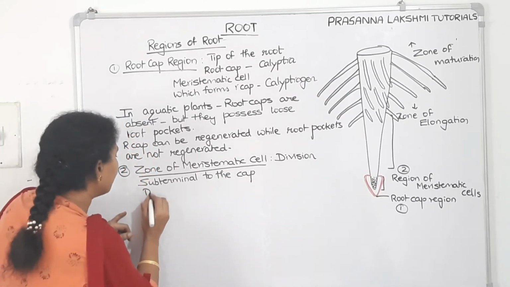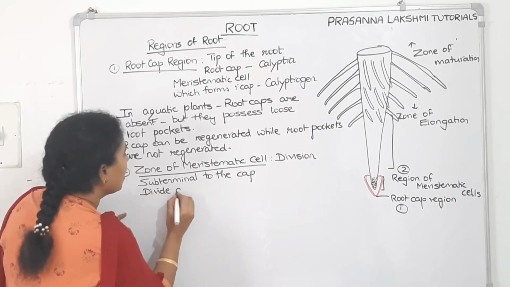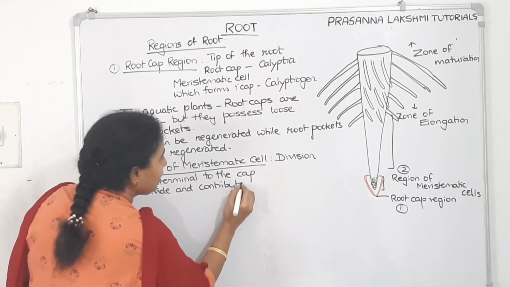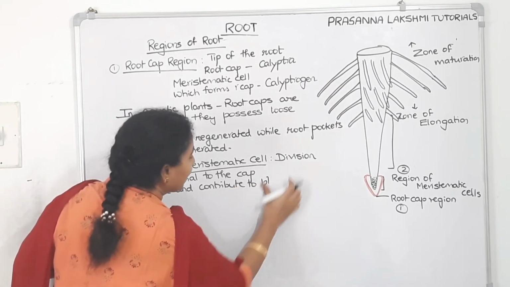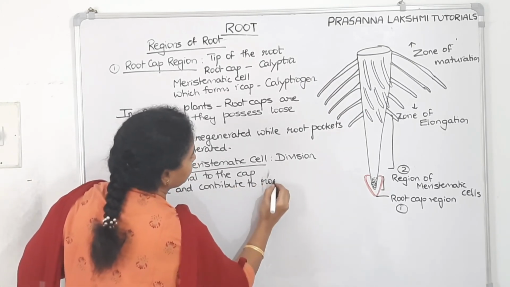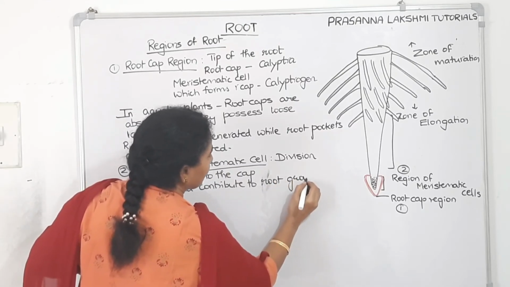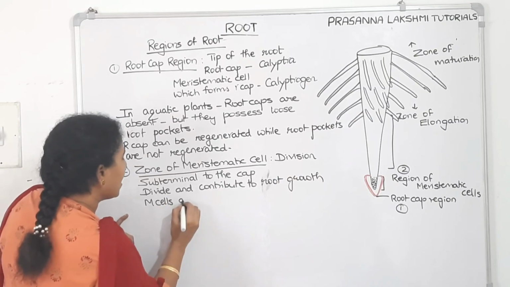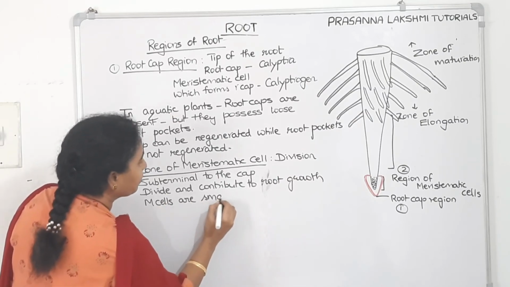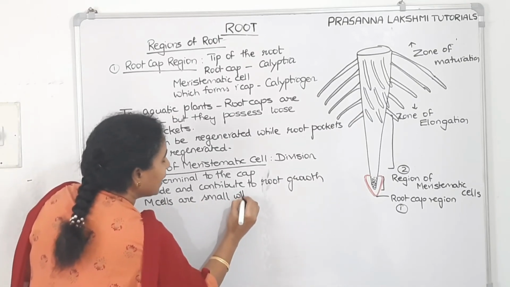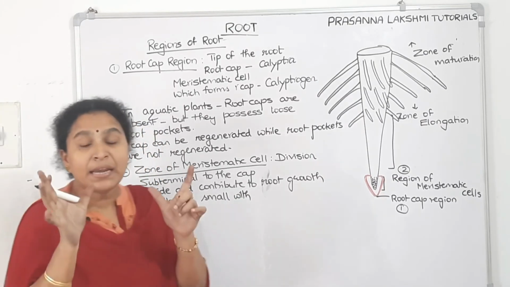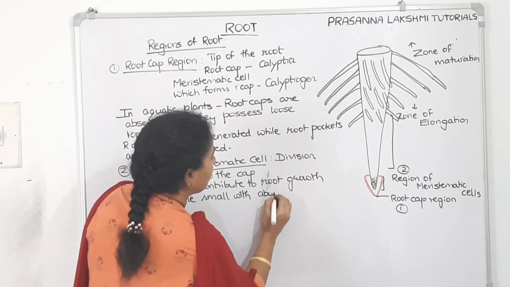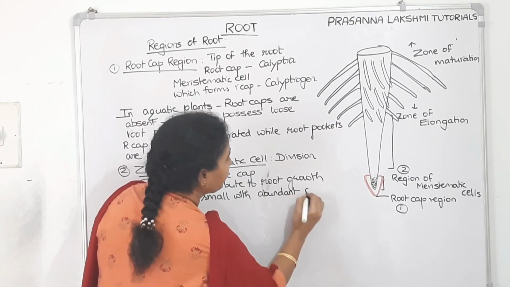They contain meristematic cells. The meristematic cells will divide and contribute to plant growth, to root growth. These meristematic cells are small, actively dividing cells with abundant cytoplasm and prominent nucleus.